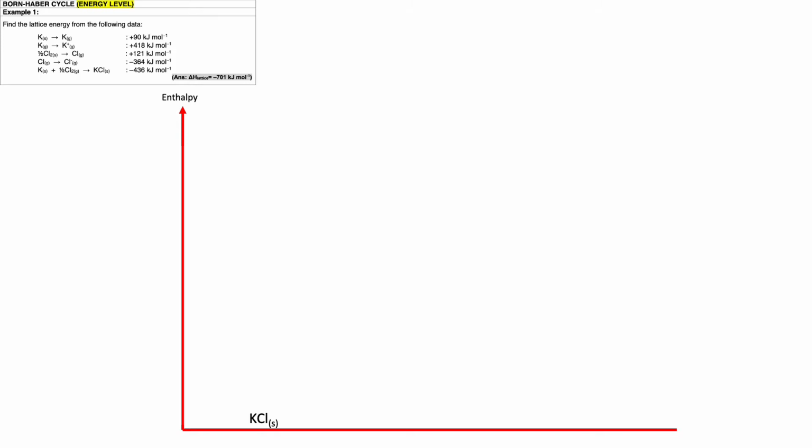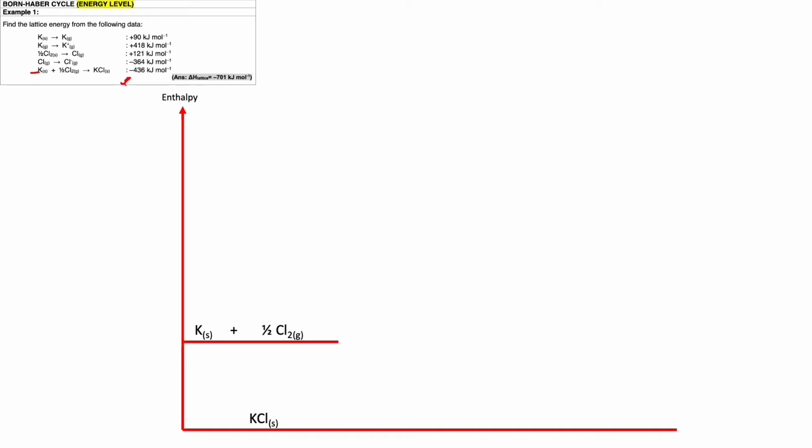It is the same thing as in the energy cycle. So we are going to start with enthalpy of formation first. So for enthalpy of formation, which is this one, write like this. Put the equation of the formation. Now, as you can see, the enthalpy here is negative.